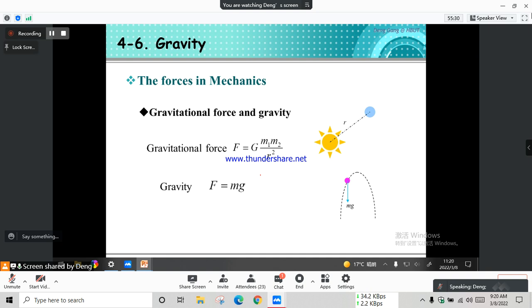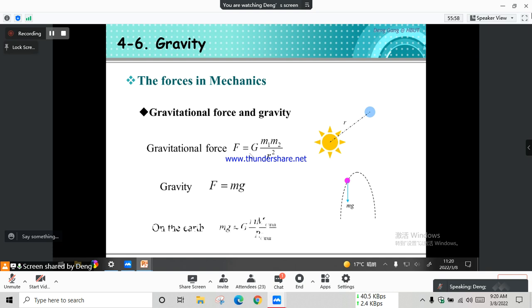The gravity actually consists not only of the gravitational force, but also the effect of the rotation of the Earth, the spinning of the Earth. But usually we can write it like this: gravity near the surface of the Earth is equal to mg, but only near the surface of the Earth.